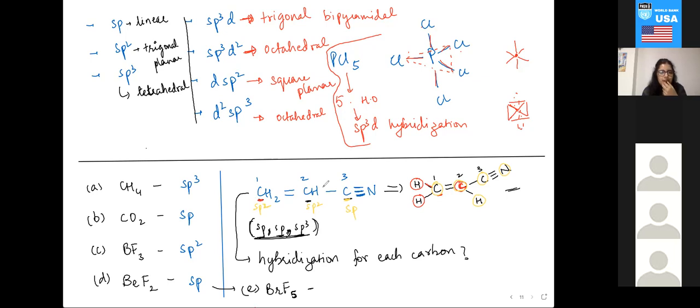Okay. Ma'am, in BrF5, boron only has, sorry, it's not boron. Yeah, this is bromine. Do you guys know how many valence electrons bromine has? 5?